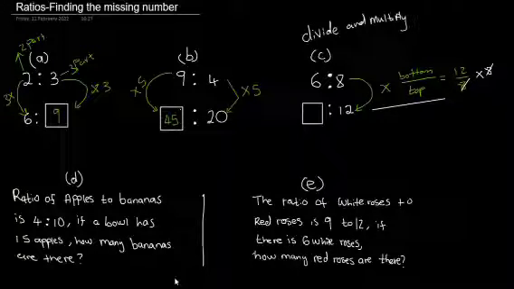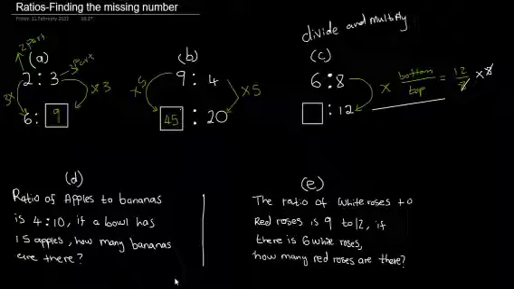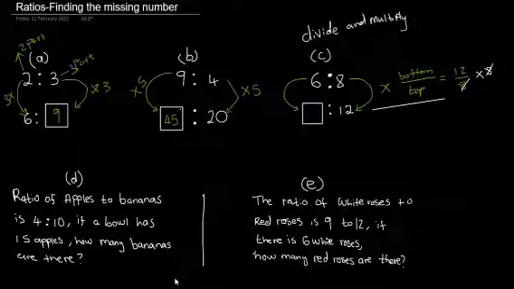So if we multiply the number by 12 and divide by 8, we should do the same thing on the other side. So how can we get there? We should also do the same thing: take 12 over 8 and multiply that side as well.